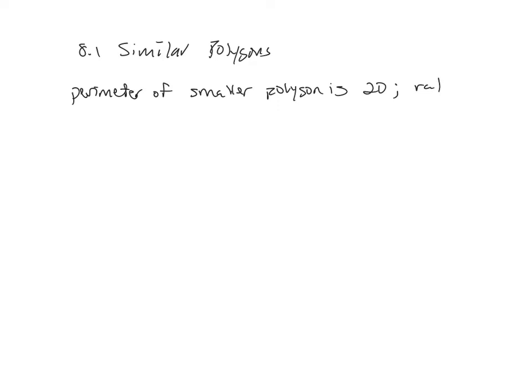And then it will have the ratio of the perimeters, and let's say that the ratio was like 4 to 5. Hopefully those numbers work out. I just made them up. So the smaller polygon is 20 and the ratio is 4 to 5.